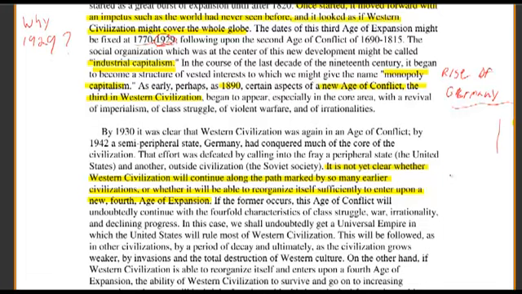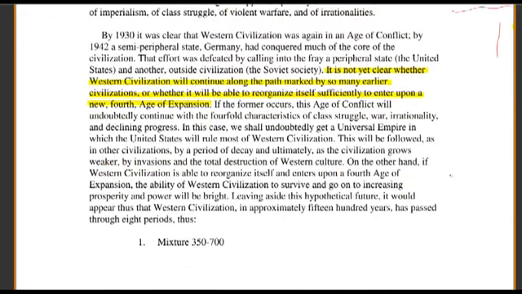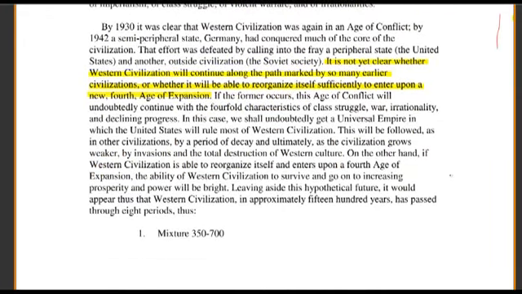Germany fought 2 world wars against the core, in Europe. Okay, in 1930, you can see that the age of conflict is reaching its peak. And it says again, it was finally conquered by a semi-peripheral state under Germany, as we said, in 1942.